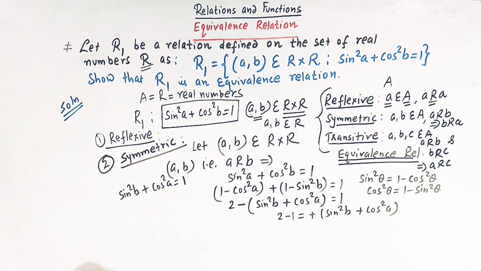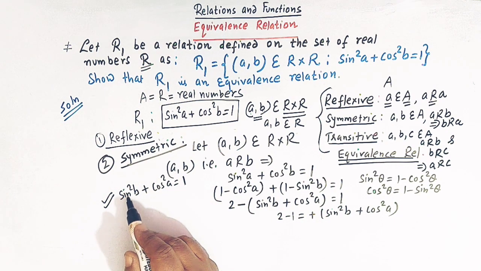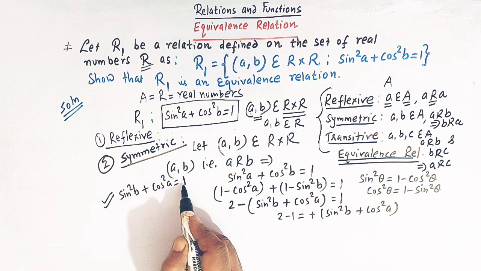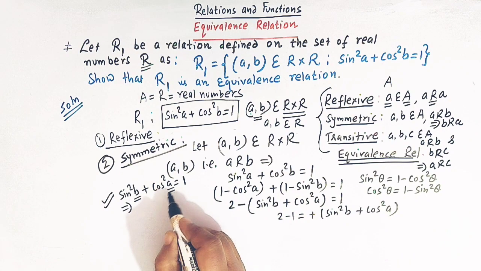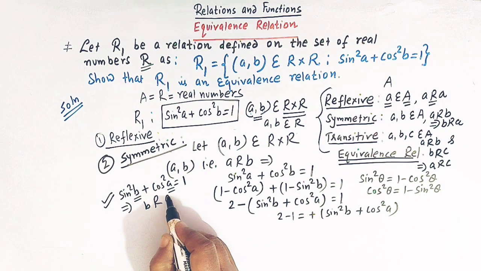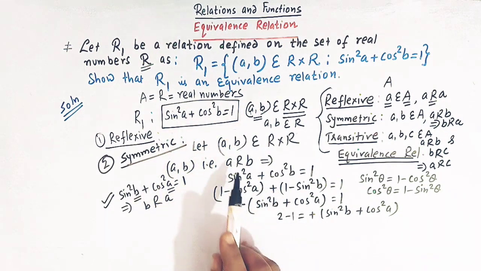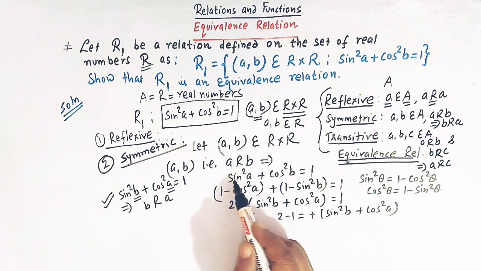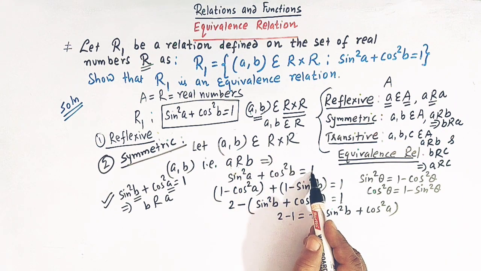So now we have sine square B plus cos square A is equal to 2 minus 1, that is equal to 1, right? And now let us observe this relation. This is sine square B plus cos square A is equal to 1. So this implies that B is related to A, right? When A is related to B, we have sine square A plus cos square B is equal to 1.